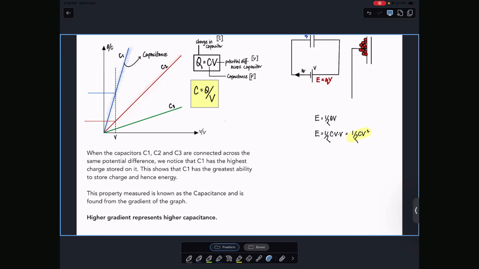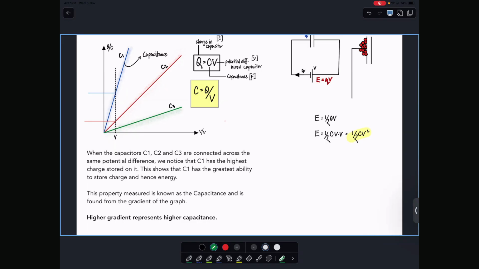Parallel. Done. So yeah, the note that I have provided here basically tells you that capacitance is the ability to store charge, and it's measured by the gradient of the graph.